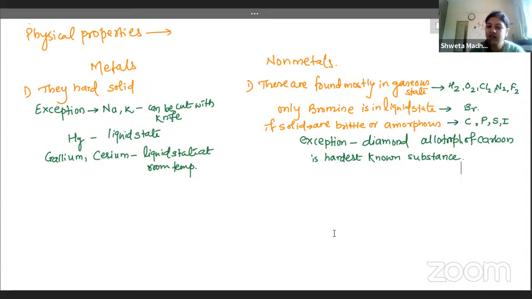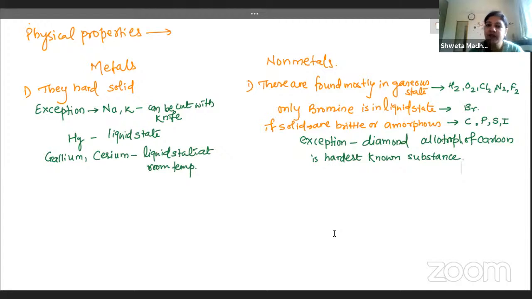Besides diamond and graphite, the Buckminster football, fullerene, is also one of them. Then there is coke powder, which is also a form of carbon. So these are different forms of existence of carbon. Carbon exists in all these different physical forms. Physically their properties are different, but chemically they contain only carbon atoms.